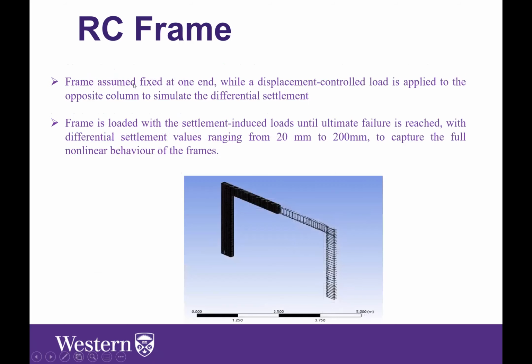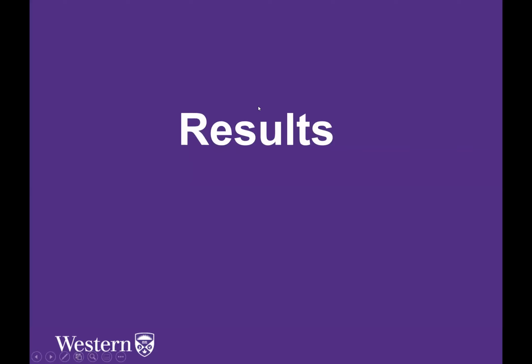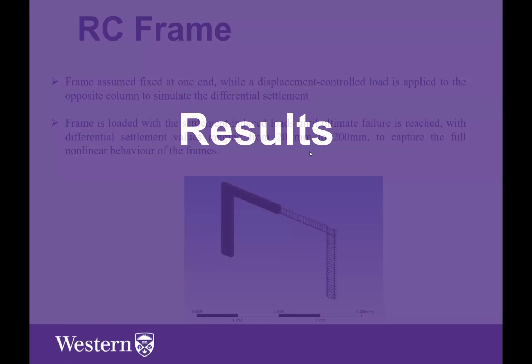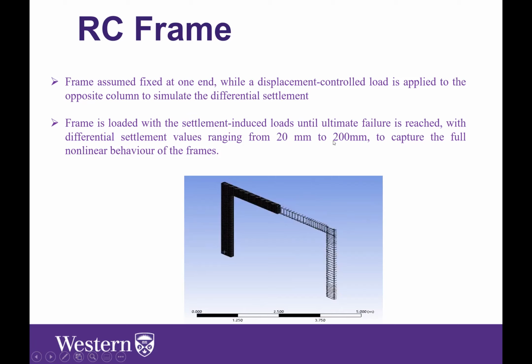The frame was assumed fixed at one end, while at the other end a displacement control load was applied to simulate the differential settlement. This frame was loaded to ultimate failure in order to capture the full nonlinear behavior of the frame. I know it is not really practical to have a 200 millimeter displacement.